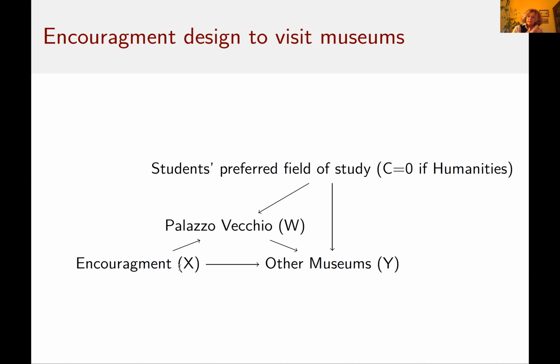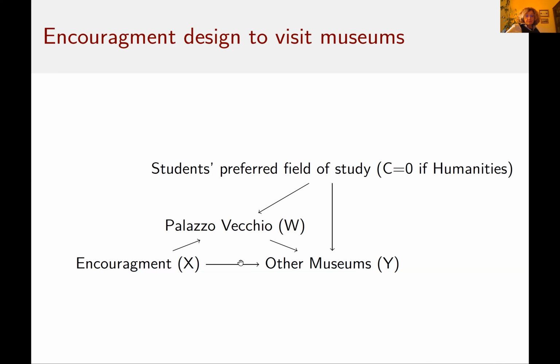The second level is the flyer plus a detailed presentation of the museums, and the third level is a credit prize if students go to visit museums. All students are given a free entry ticket to the Palazzo Vecchio.